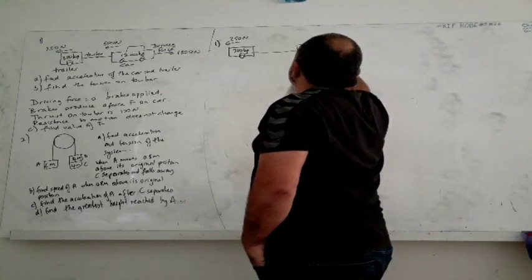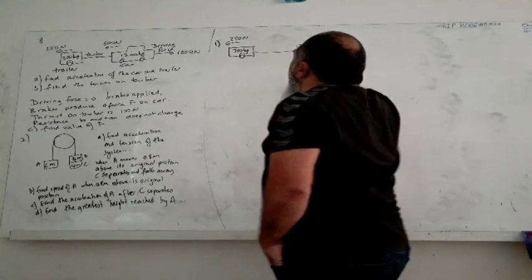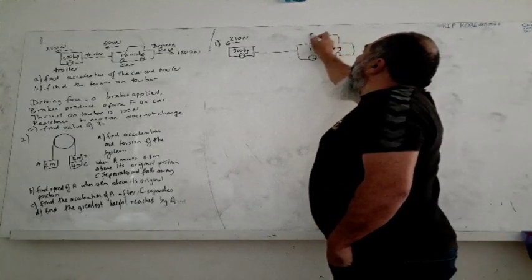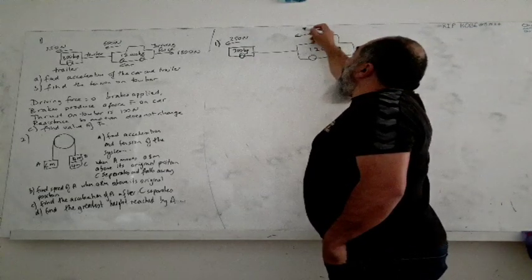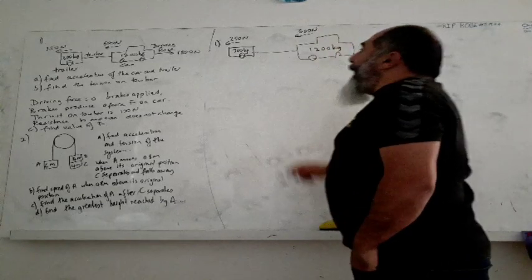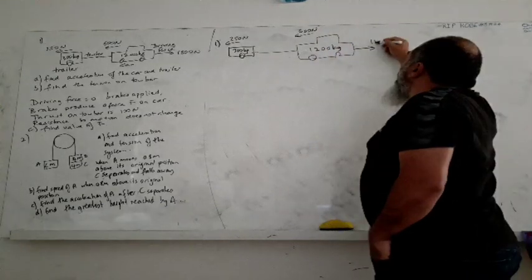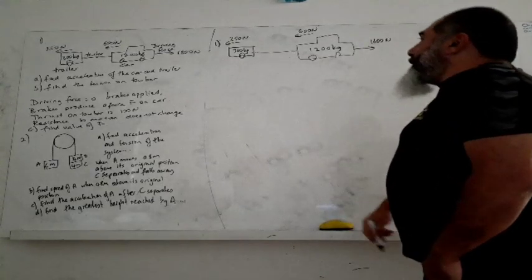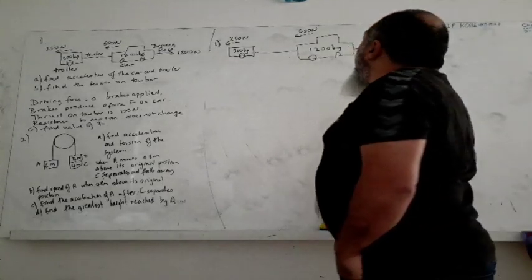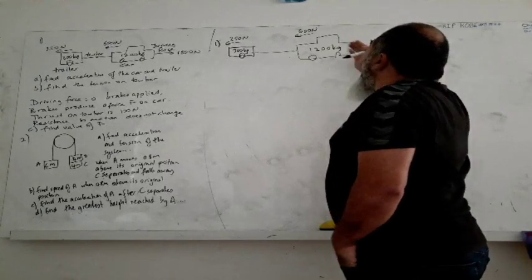The friction force on the car is 600 newtons, and there is a driving force of 1800 newtons there. As you see, we don't have any brake force on the car.